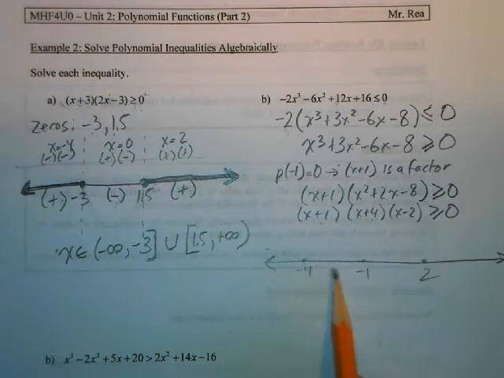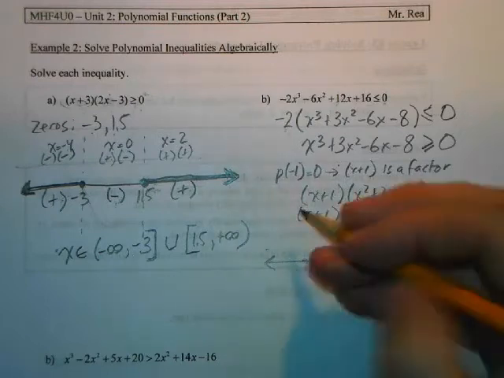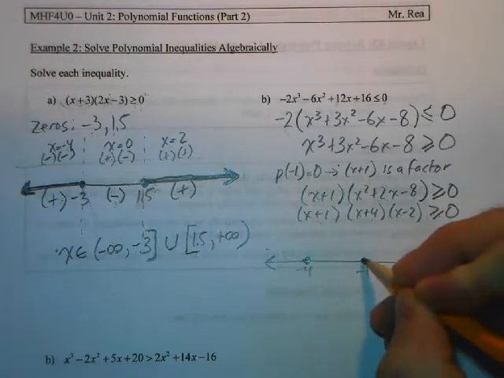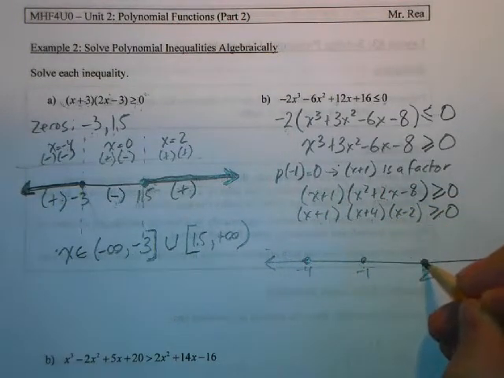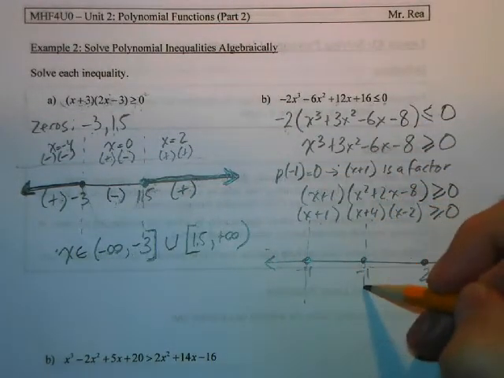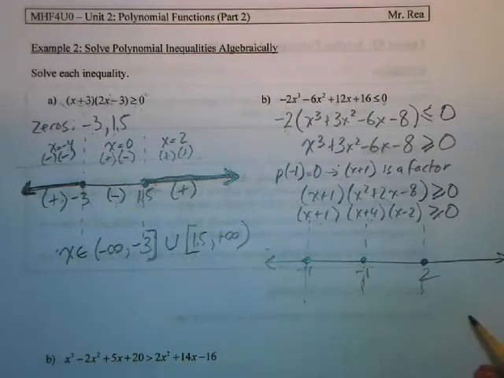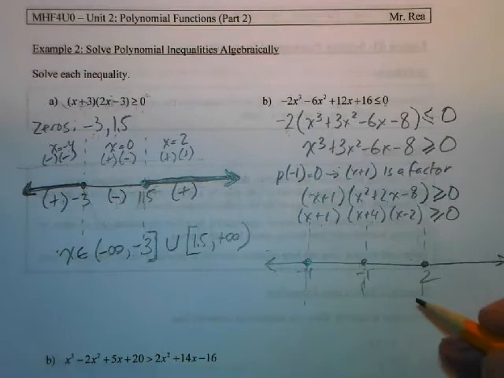Now, before I darken these circles, I have to figure out whether these zeros are part of the solution or not. We can tell very quickly because there's an equal sign there. So this can be 0, which means all of these zeros are part of the solution. Now we can split up our entire interval into 4 intervals, and we're going to pick our values.